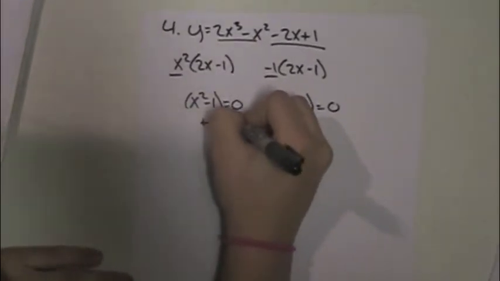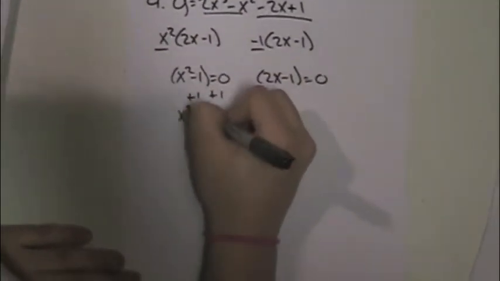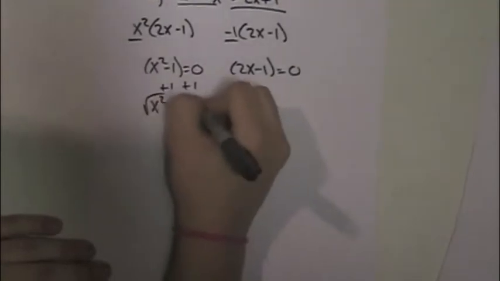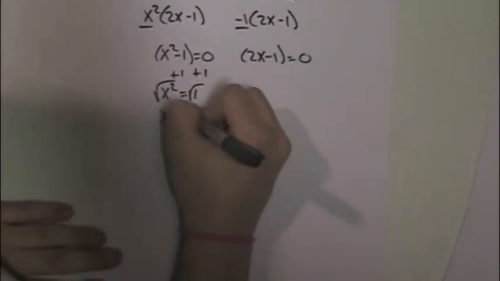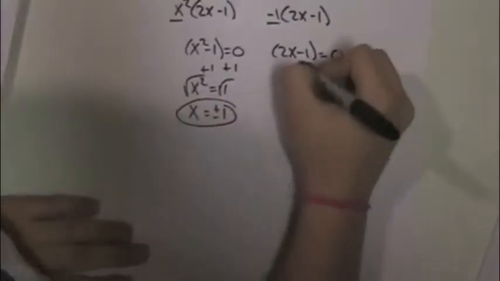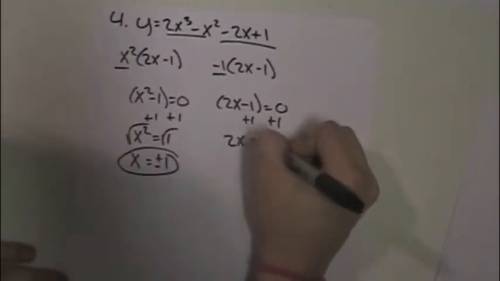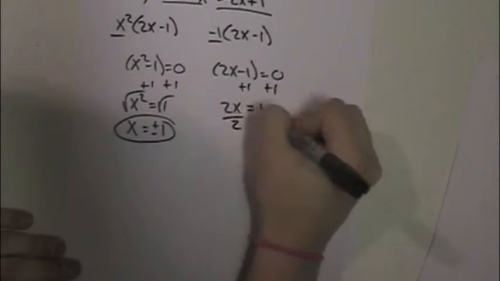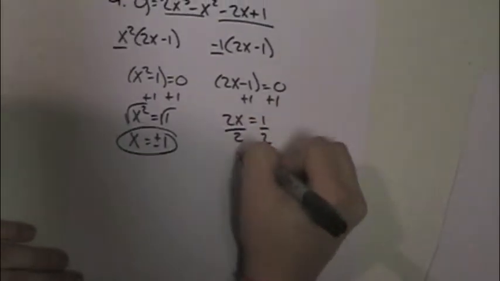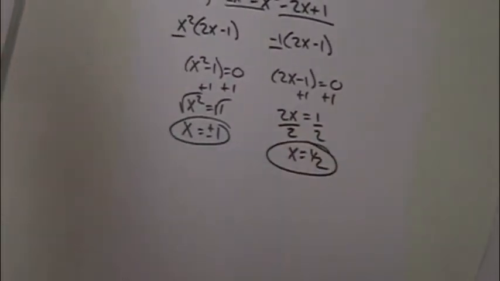And then you have to solve for x. You square root both sides. So x equals plus or minus 1 over here. Then you have to add 1 to both sides. And you have 2x equals 1. Then you have to divide by 2 on each side. So it's x equals 1/2.